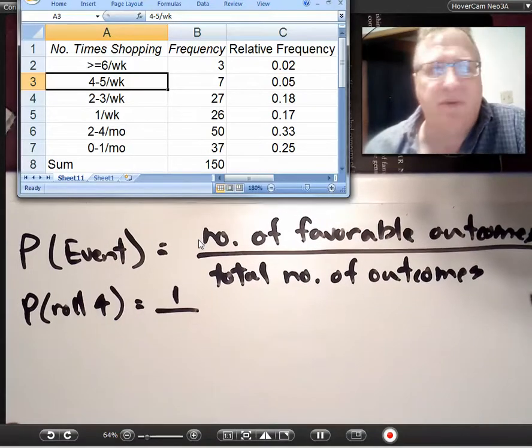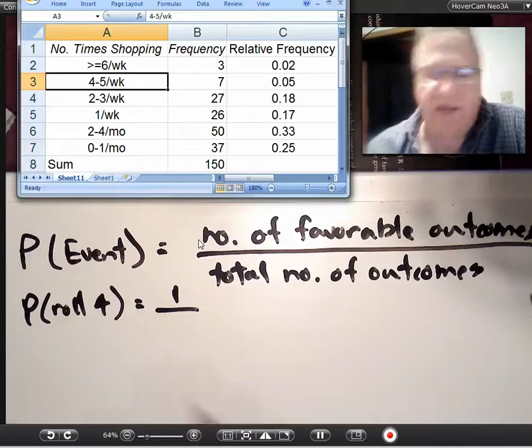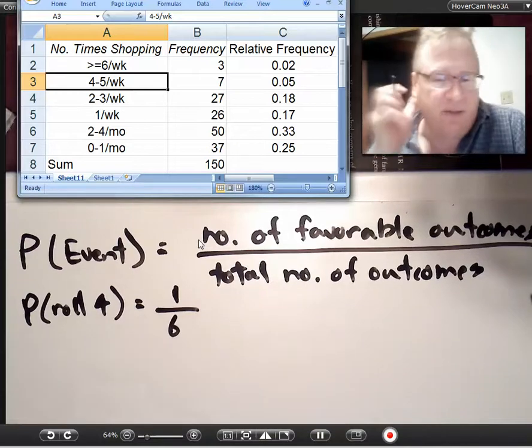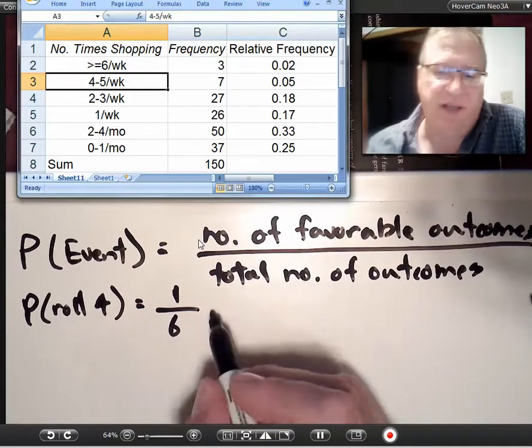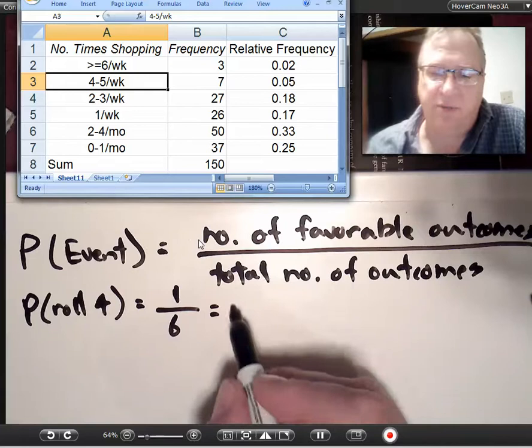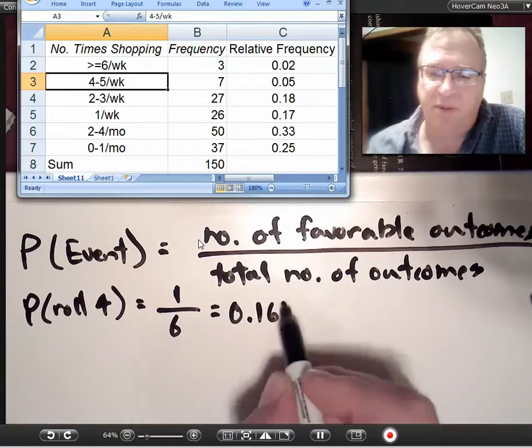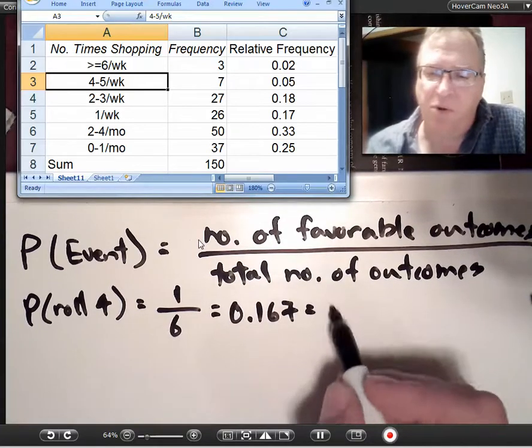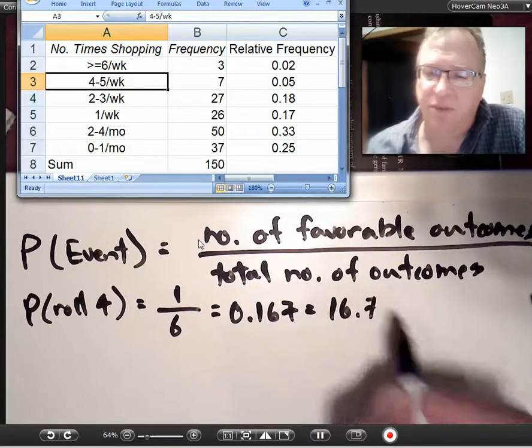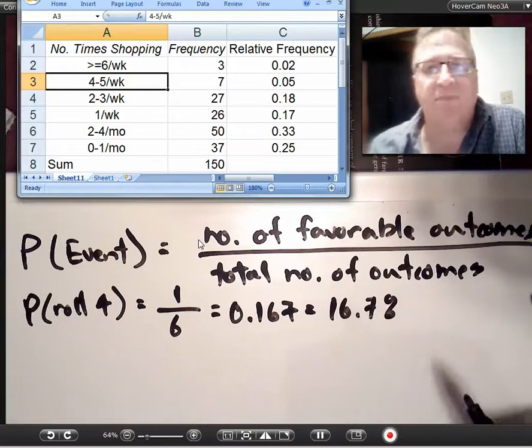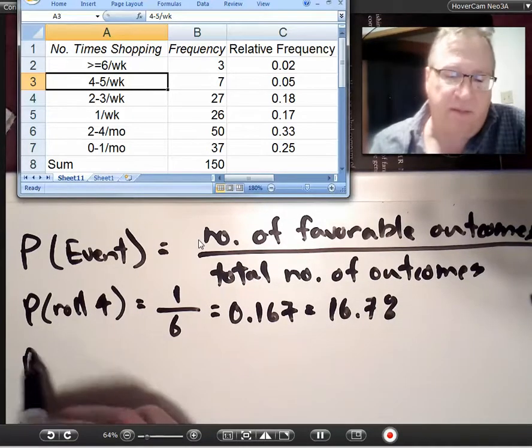What's the total number of outcomes that can occur? Well, on a die, that's 6. That's equal to 0.167 or 16.7%.